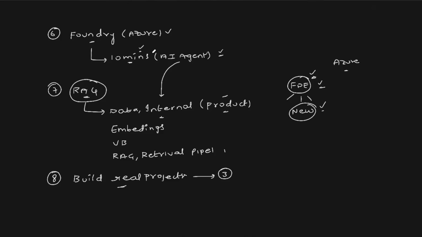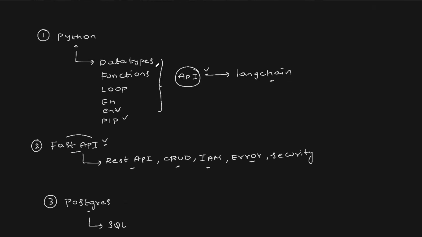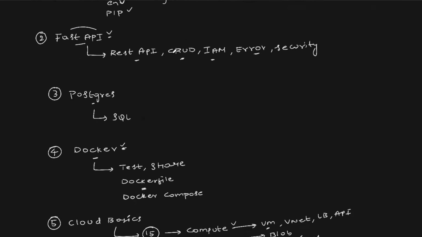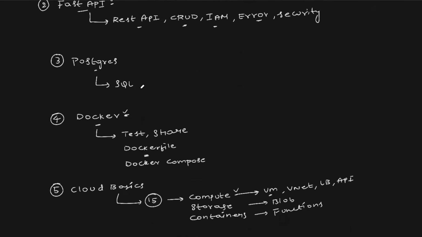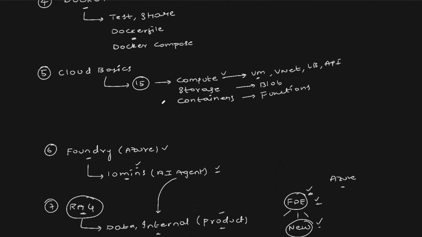One final time: start with Python, learn the basics of Python. Then you need to know things like FastAPI, Postgres, so that you can use the organizational data, Docker, so that you can run your AI assistant or AI agent locally, and cloud basics. End of the day, Foundry is connected to Microsoft Azure.